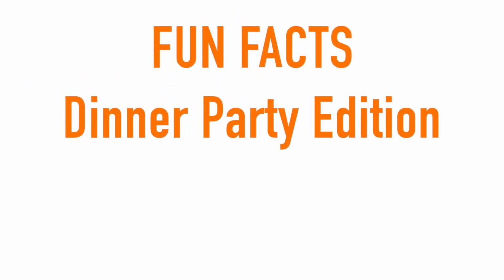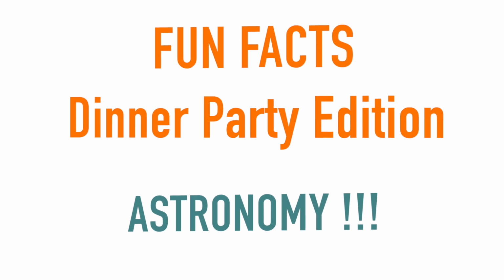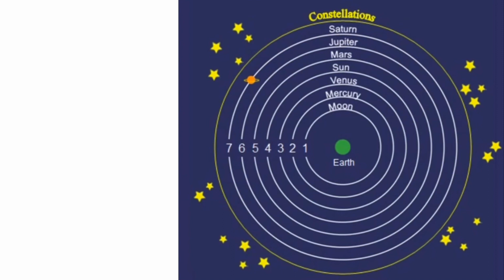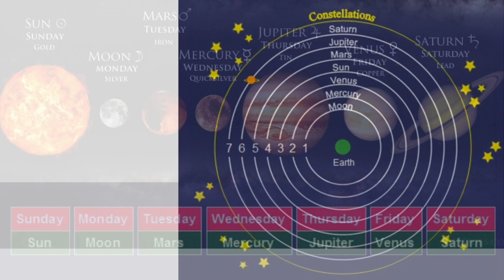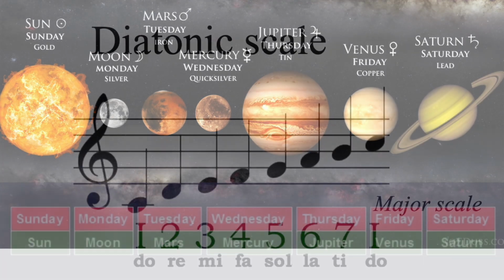Now, while you're waiting for dessert, it's time to drive the point home. Astronomy. It had something to do with how the ancients pictured the universe. The Greeks observed seven distinct objects in the sky. They took the number seven very seriously. Have you ever wondered why there are seven days in a week? So, the Greeks put seven notes in their scales.